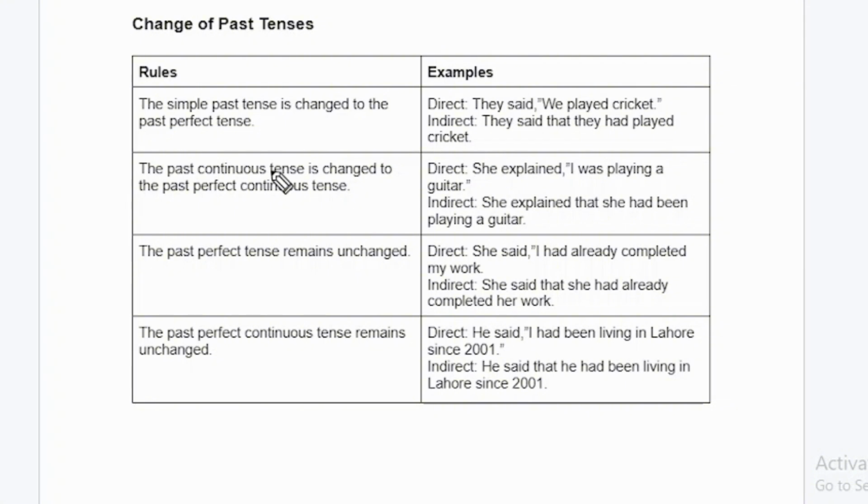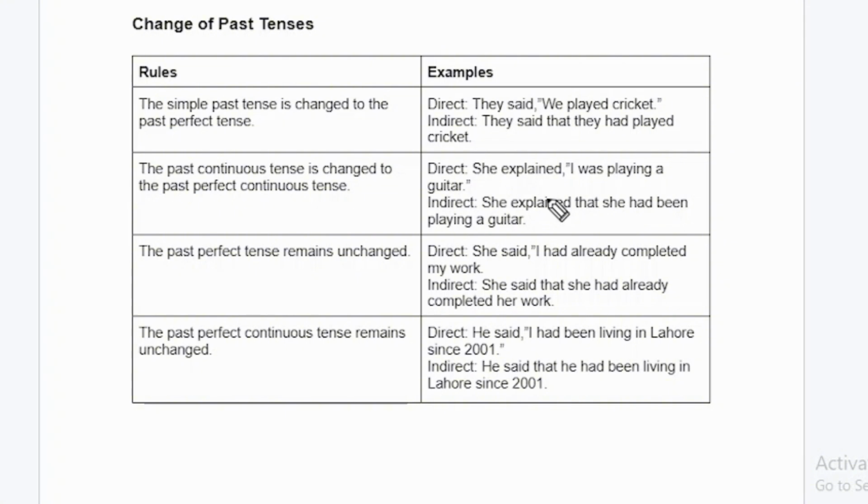The past continuous tense is changed to the past perfect continuous tense. Now you will see, direct: she explained, "I was playing a guitar." Indirect: she explained that she had been playing a guitar.